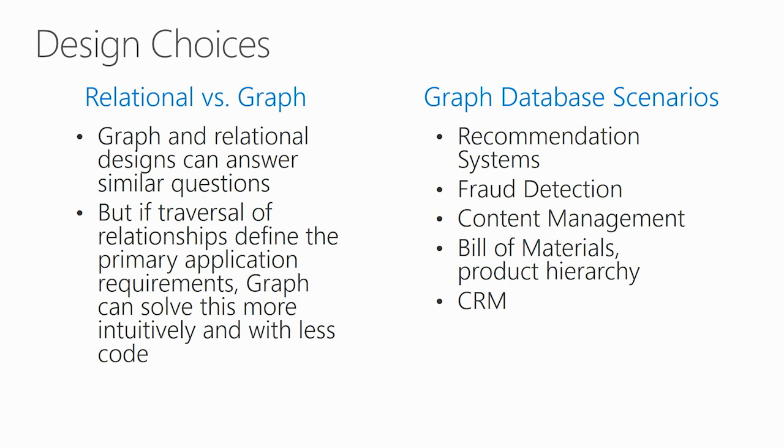You traverse multiple steps to find what all parts make a particular product. Or CRM, where you have salespeople working on opportunities or accounts, connected through relationships, and you traverse these relationships to find a shortest path between two salespeople or for some analysis.